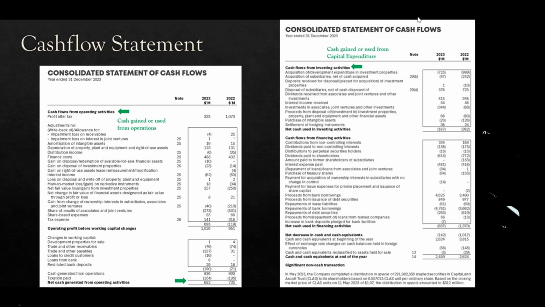And the next one would be the investing activities, which is the cash gained or used from capital expenditure. Right? And you can see that it's a negative net cash, so it's not making money in that sense. Okay, financing would be the cash gained or used from loans or borrowings. Okay, so this is a negative over here.